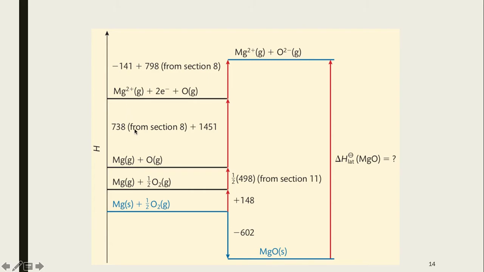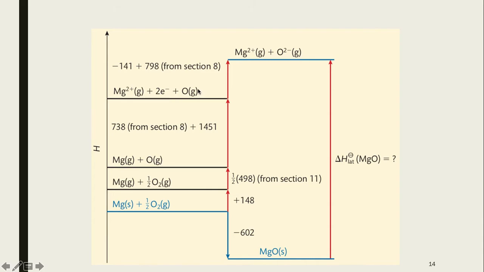So that means we need to include the first ionization energy, 738, that came from section 8, and we're going to add it to positive 1451, which is the second ionization energy. And we're going to note that there are 2 electrons that were lost. So we do have to include that in our cycle. Okay, so this arrow going up is the sum of the first ionization energy added to the second ionization energy.